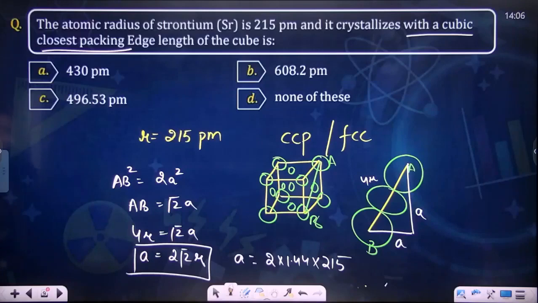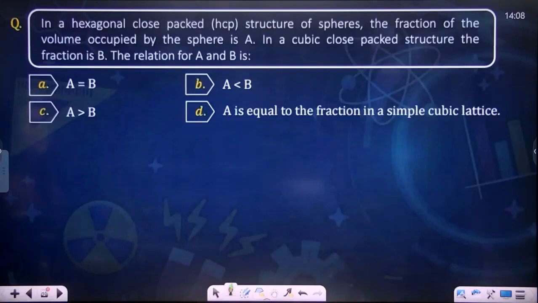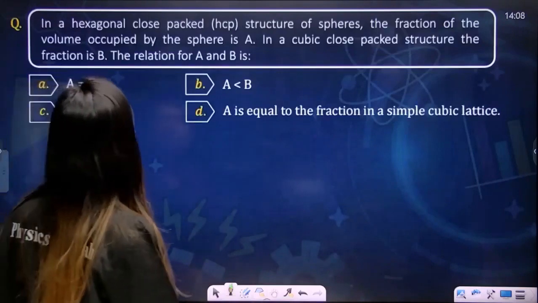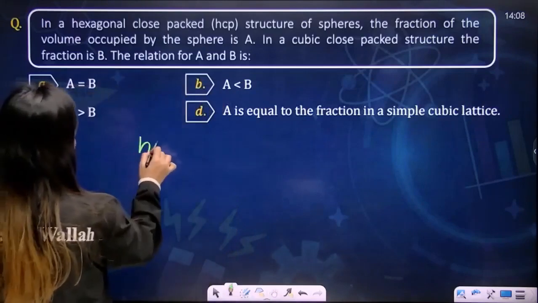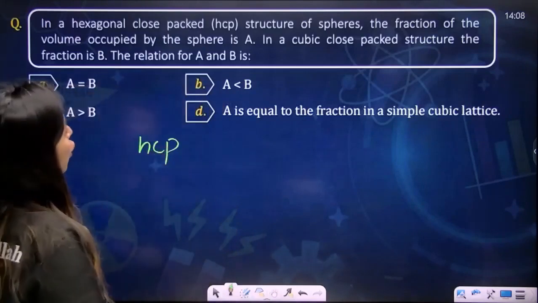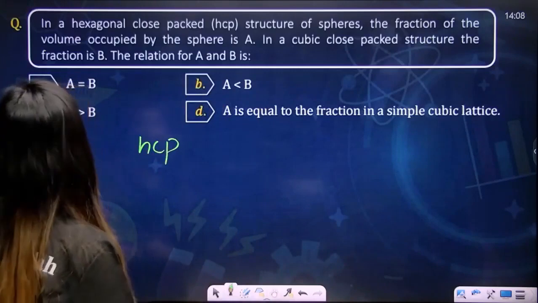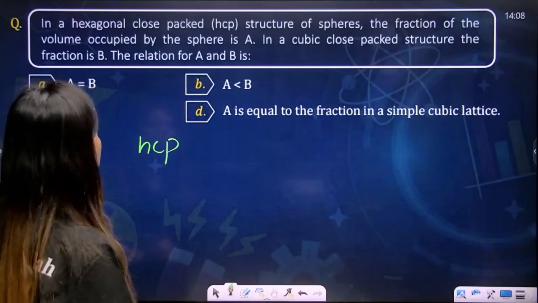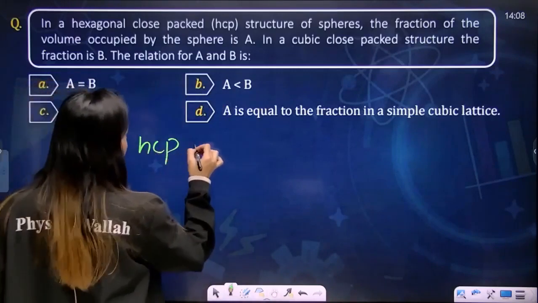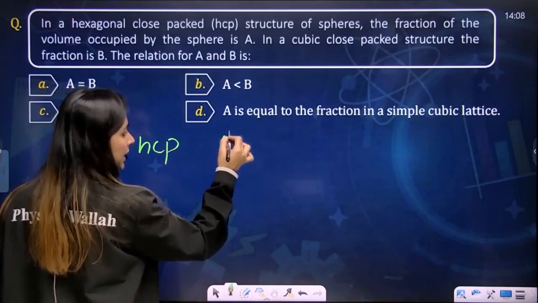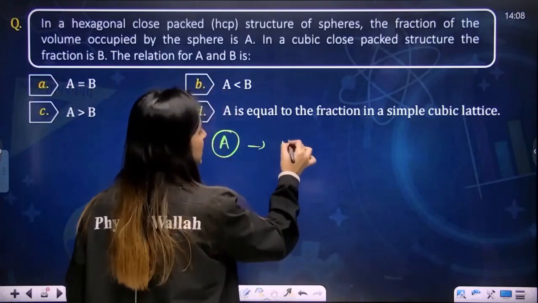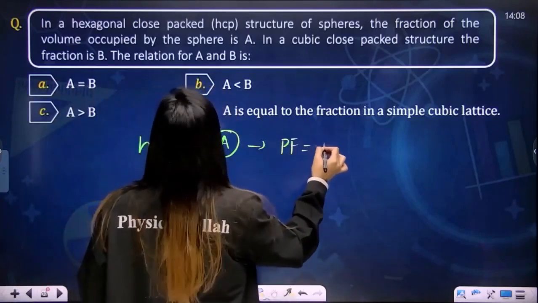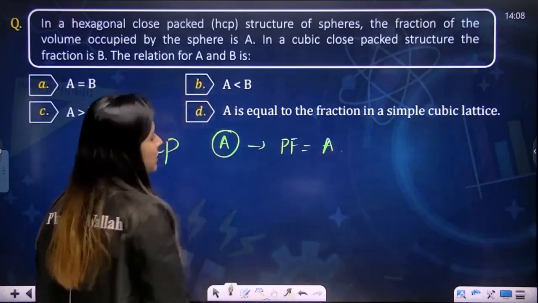Next question. The next question says that in a hexagonal close packed structure, that is you have an HCP structure, the fraction of volume occupied by the spheres is A. Let's say the atoms present here are A, and the fraction of volume occupied, meaning the packing fraction, is A. Perfect.